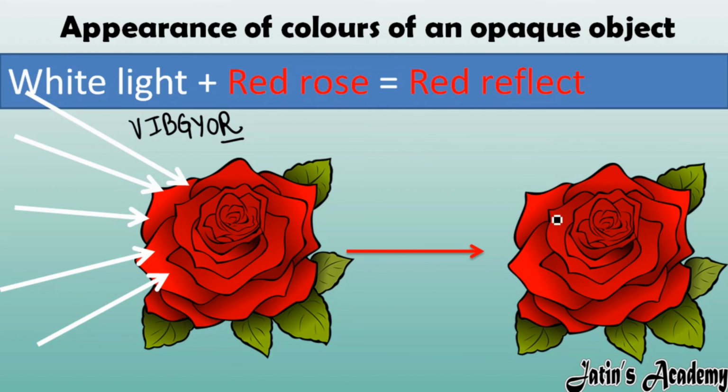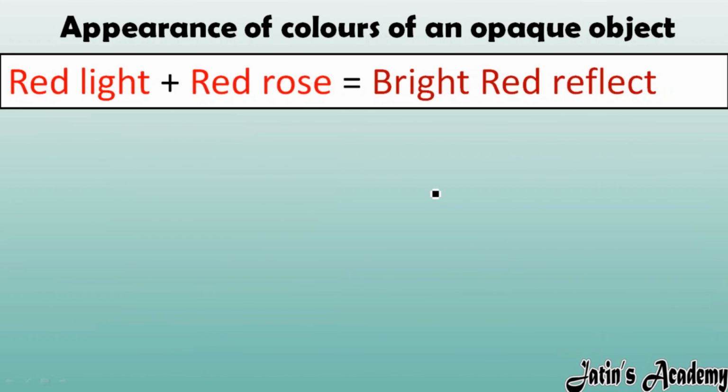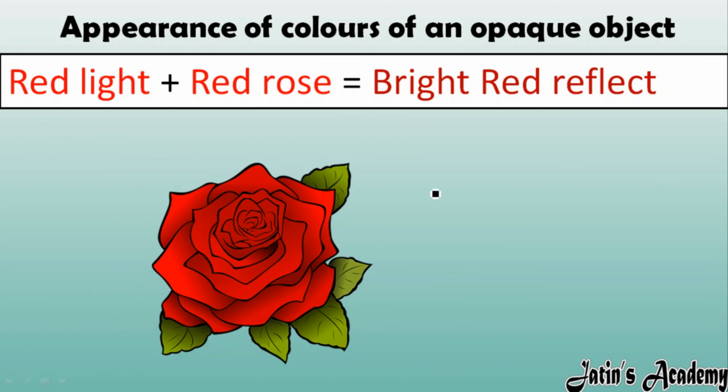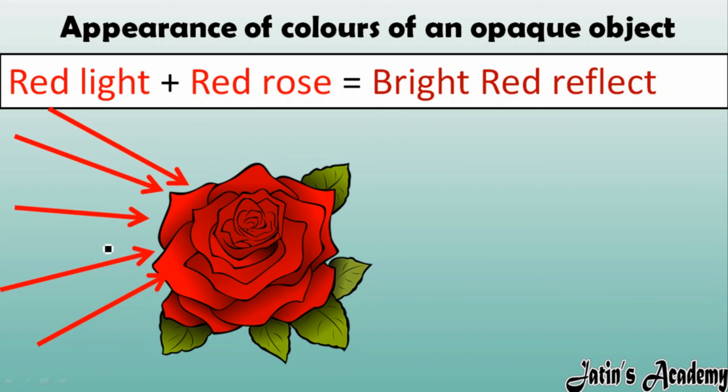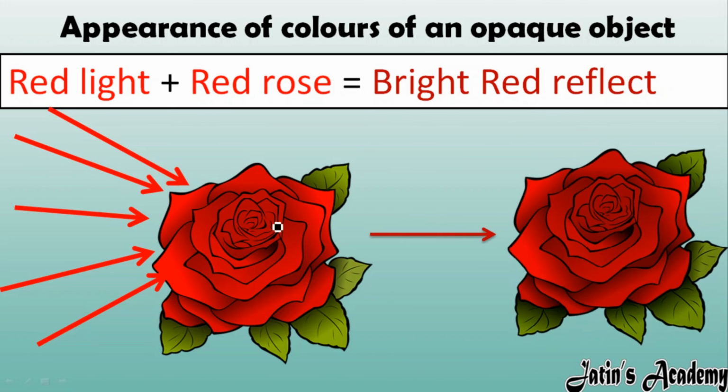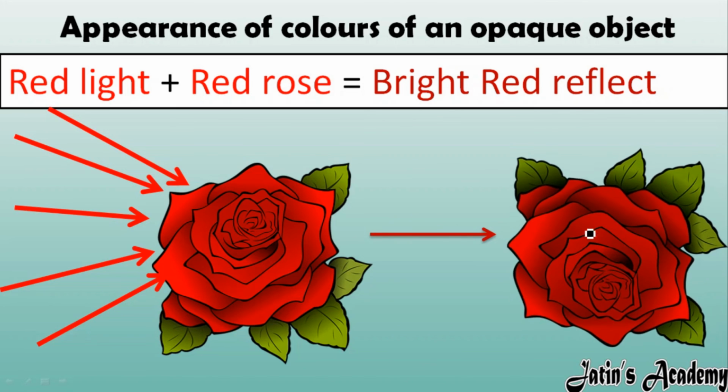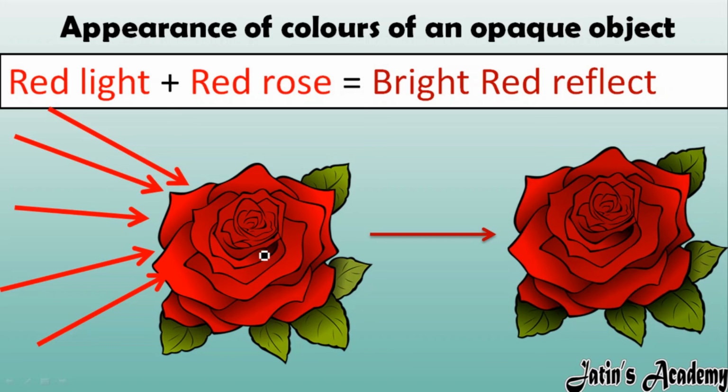In a similar manner, if we have a red rose and we keep that red rose in a red light, what will this rose do? This rose will reflect this red light back and we are able to see this red rose. But why are we able to see a bright red here? Because firstly this rose has red color and the light also has red color only, meaning it is not going to absorb any color.